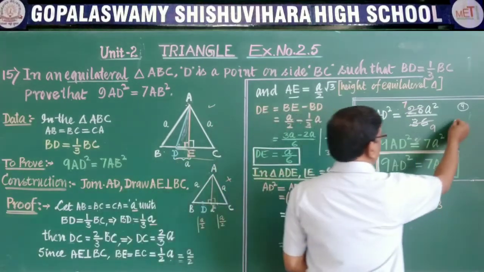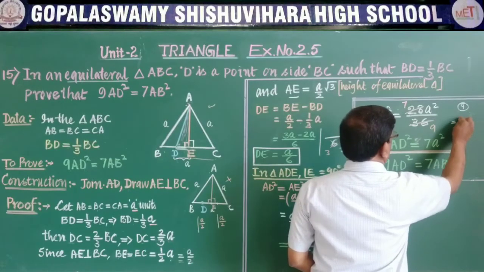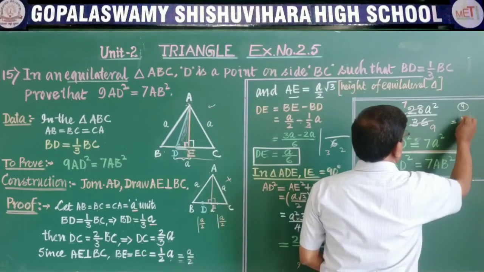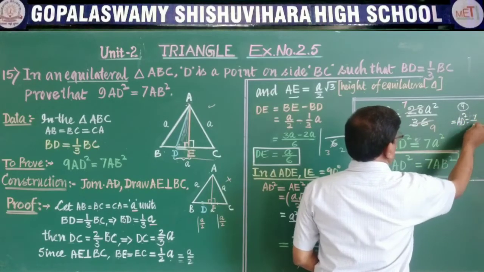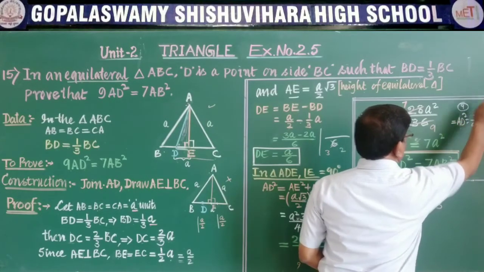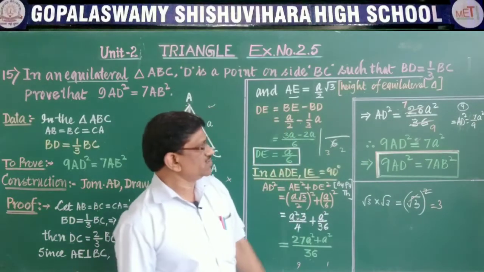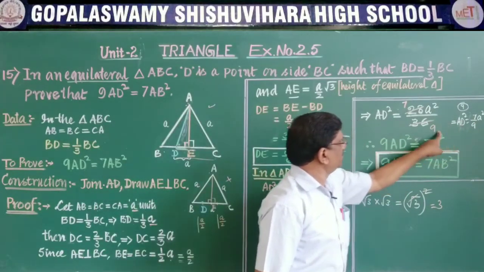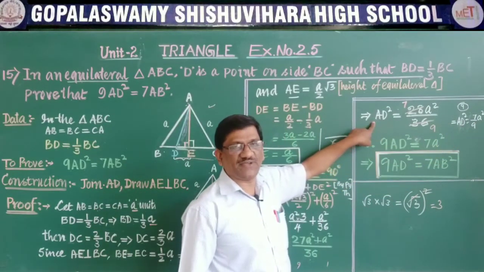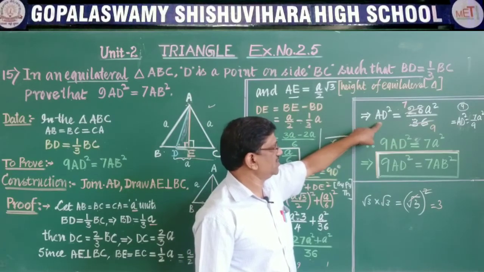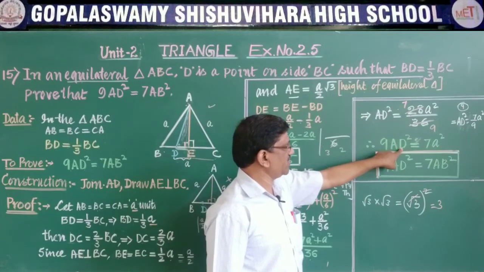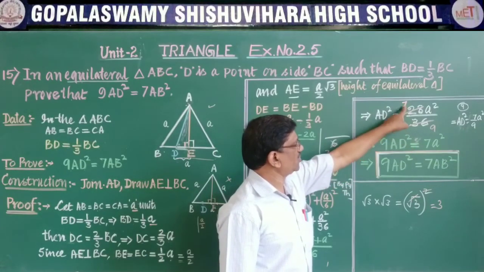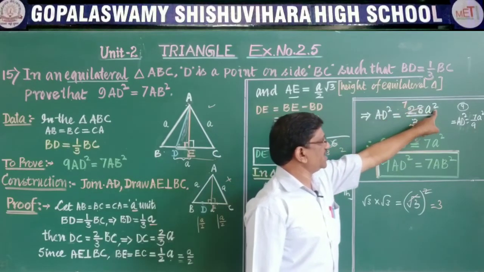So AD square is equal to 7 by 9 A square, isn't it? Now this 9 you send to the left hand side, then 9 AD square is equal to 7 A square.